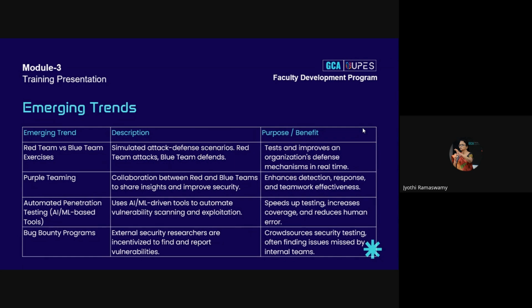So they can learn from the vulnerability and they can create larger pools of vulnerabilities quickly, and they will also be able to direct you to the exact position of the vulnerability so that you can close it, you can remediate it quickly, right? So this speeds up testing, increases coverage, and reduces human error.